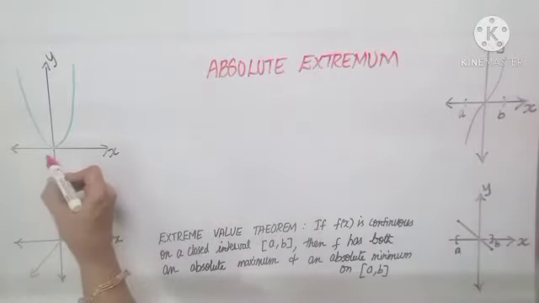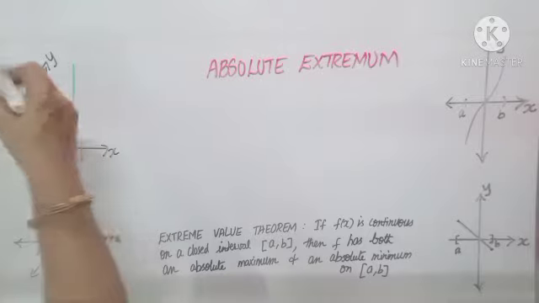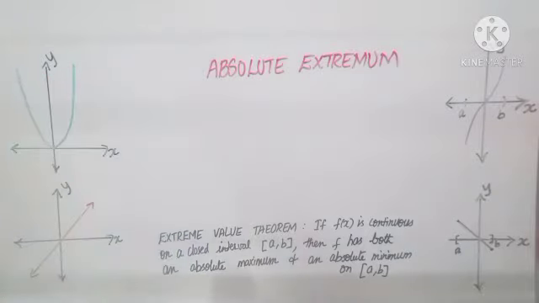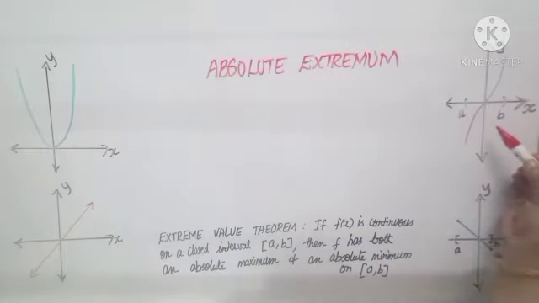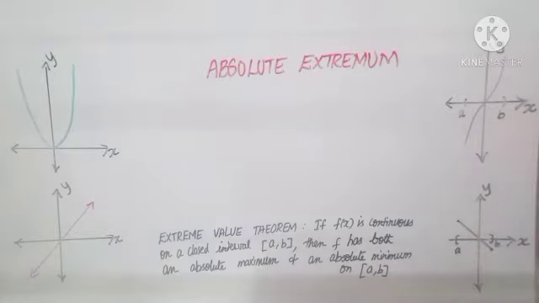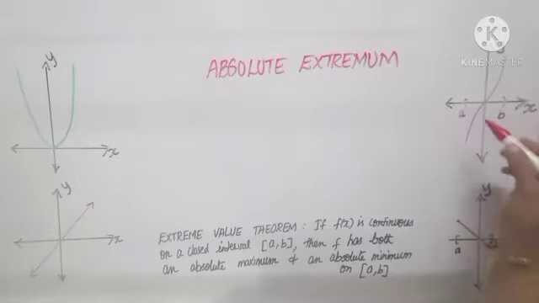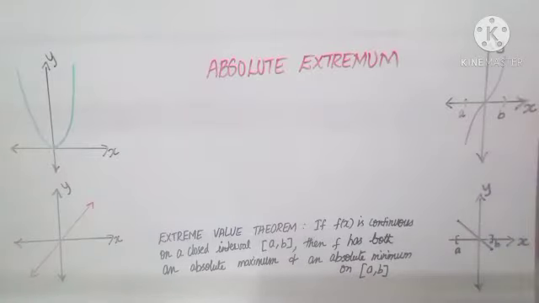So here a minimum is there but no maximum. It goes on and on. Here it goes on and on up as well as down, so here no maxima, no minima. Look at this curve. This does not have maxima or minima if an interval is not given. But they have given an interval A, B. Check the interval.